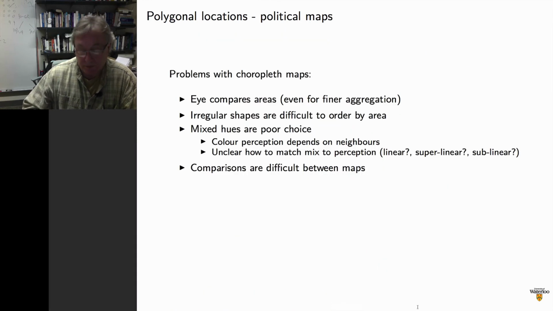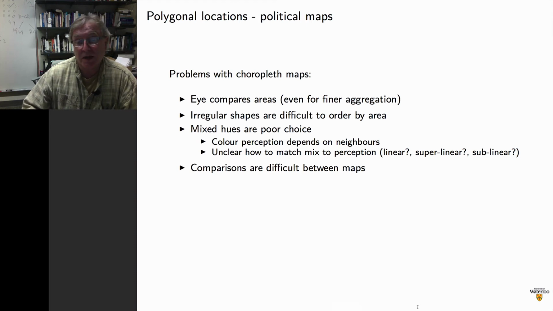Some of the problems with polygons, using those for locations, or with choropleth maps, is that we tend to compare the areas, even when those areas are small. We have trouble ordering shapes by area when they're not regularly shaped. Mixed hues are a very bad choice, because color perception, as we know from the first few lectures in this course, depends on the neighbors, what we perceive around them.